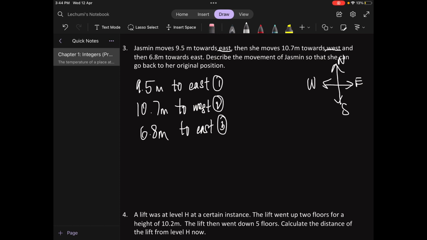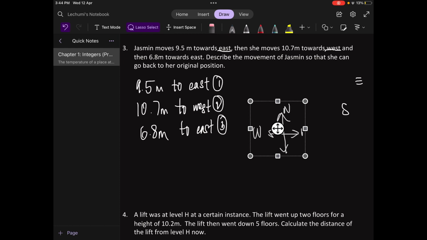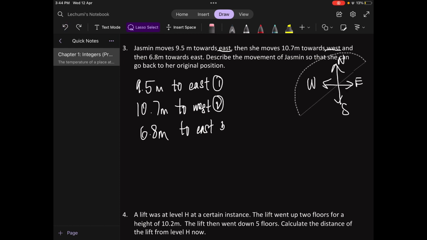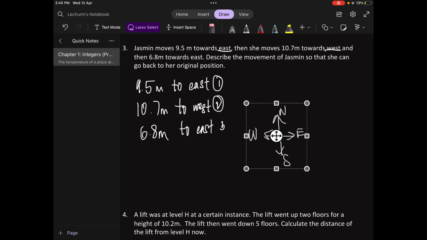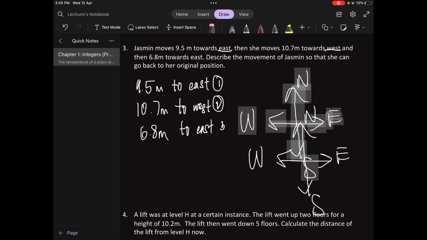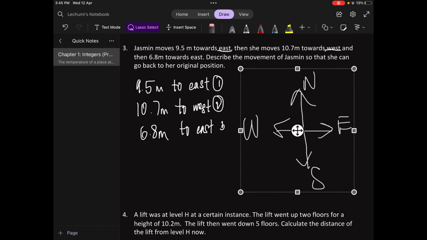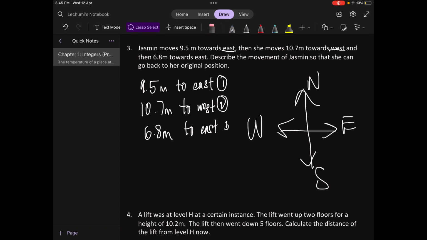So moving on to the second step, visualizing. So let's take what I've drawn here as an example. Let's assume that Jasmine is standing here.